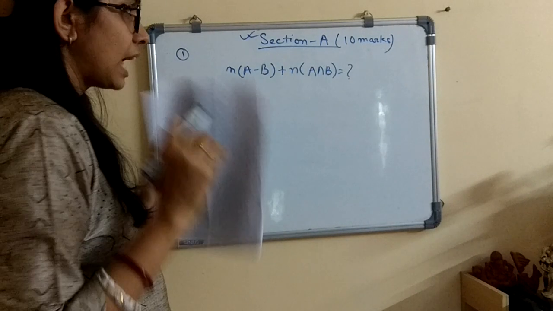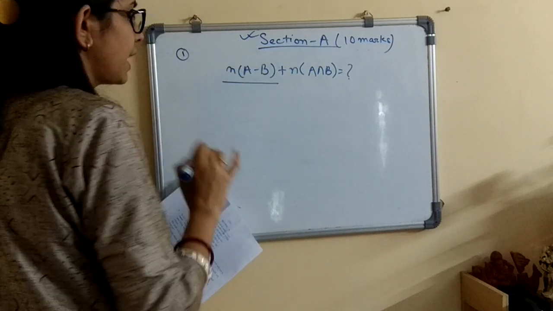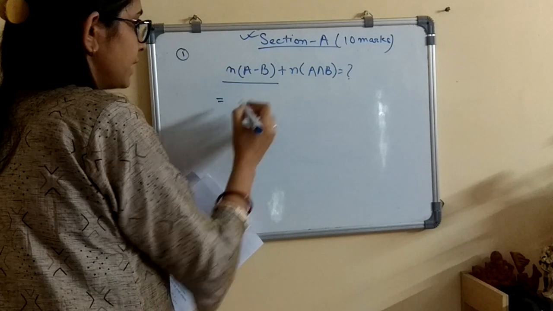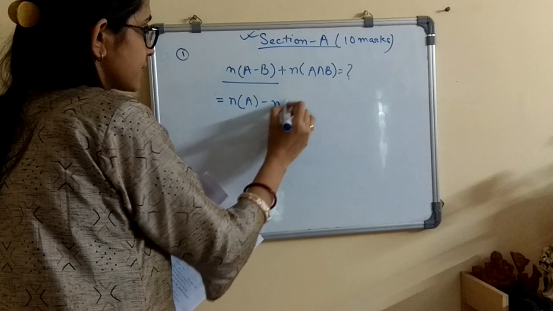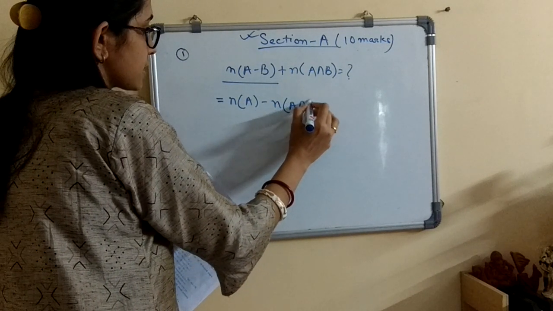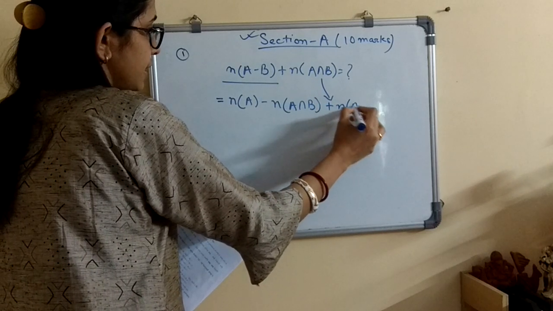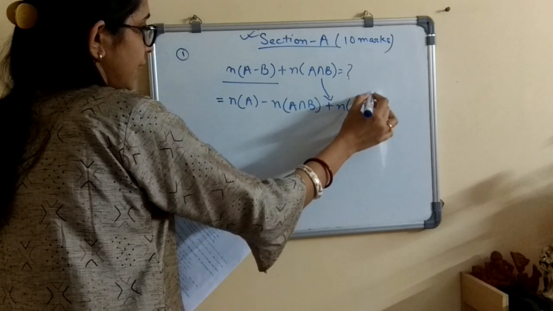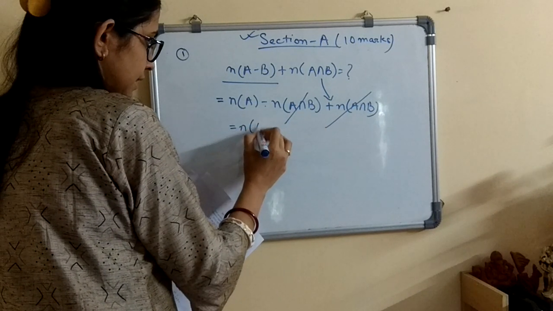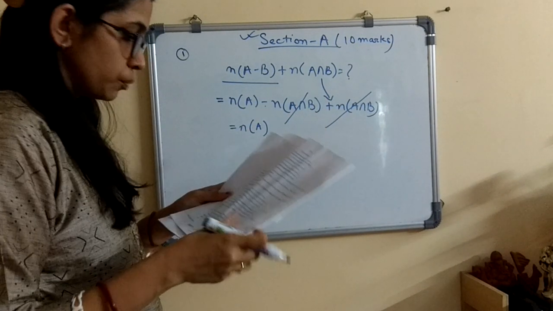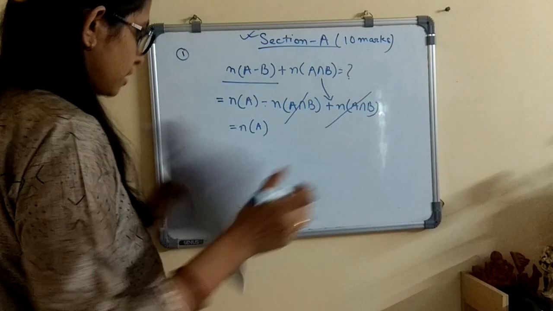From the definition, we can write n of A minus n of A intersection B, and this one we will write directly. Then cancelling these two, because it is minus and plus, we will get the result as n of A, which is in option number 1.